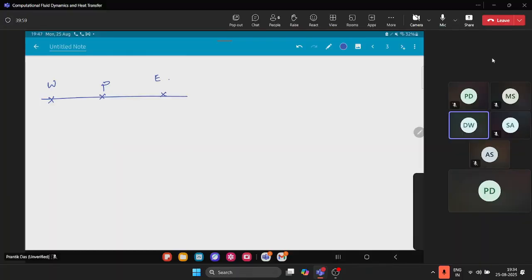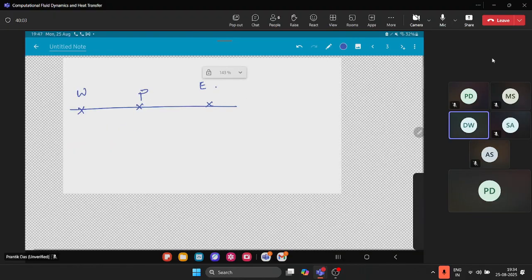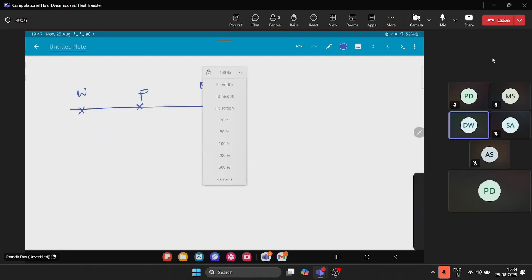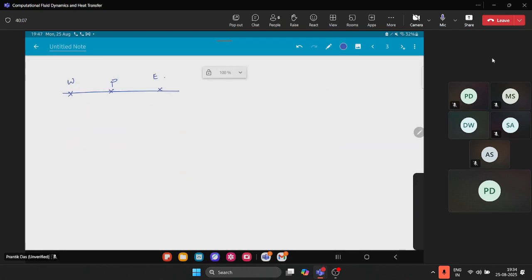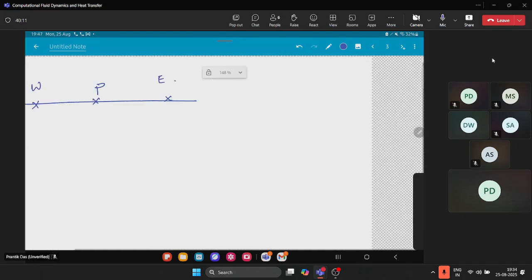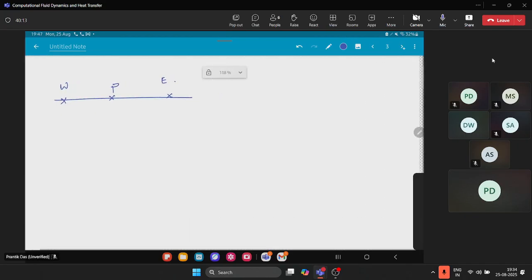Use the largest possible size that is comfortable for you, so that it will be more visible for us. I can make it larger, but if it becomes too large there will be difficulty in my writing. Wait 8 seconds. Okay, I think this is the best I can do. Okay, sir.